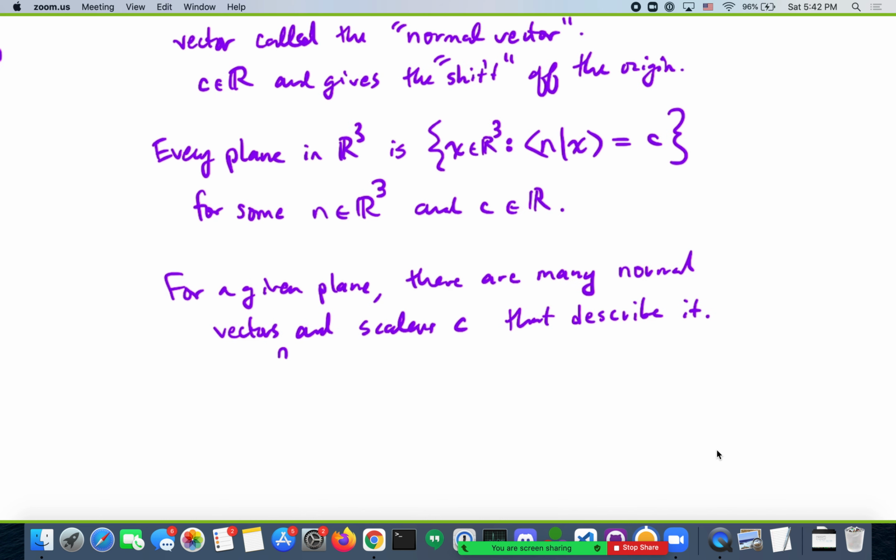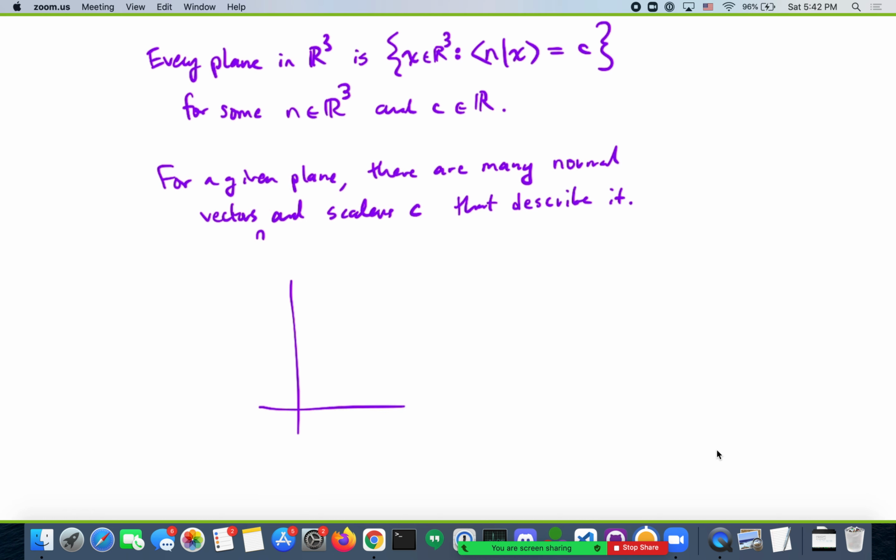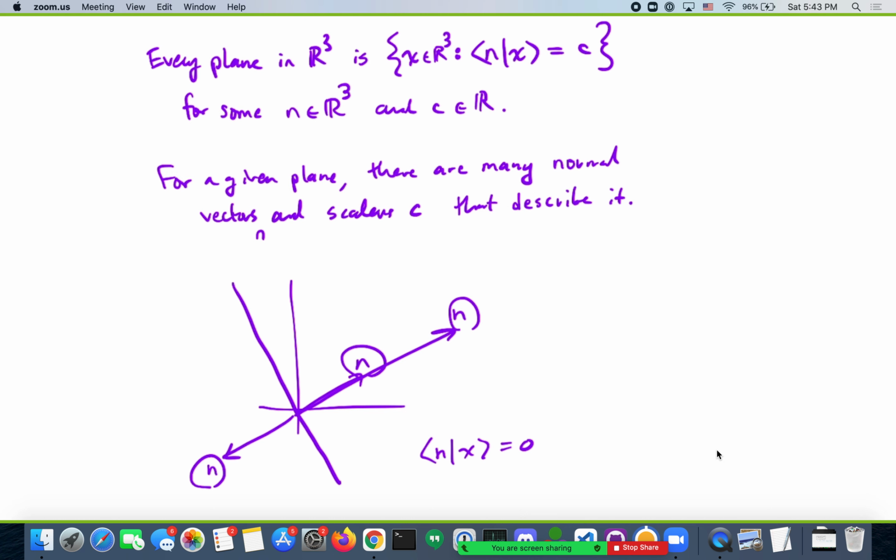Why is that? Well, if we have some line, let's say even just a line through the origin, then if this is n, that would work, but also this n would work. Even this n over here, pointing in that direction, would work to say n dot x equals 0. Any of these three choices of n would work. So you have a lot of choices of n.